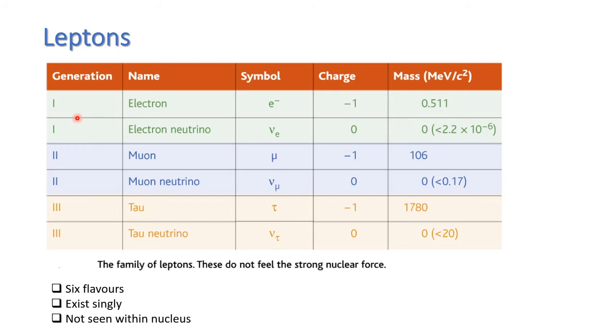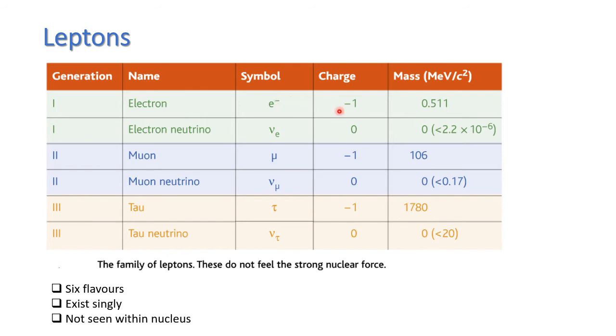So in vehicles, here also it is the same. The first generation are the particles which were found earlier, then next, and then next, right? Then you can see the symbols, right? For the electron the symbol is given as e minus, because for the anti-electron, it is e plus, right?